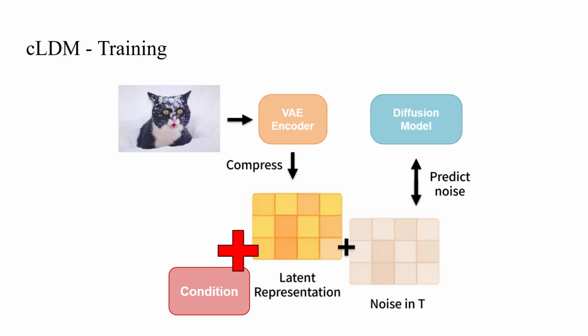At the same time, we provide a condition to the diffusion model. The diffusion model receives three pieces of information: the noisy latent, the time step, and the condition. Its job is to predict the noise that was added. So the condition helps the model learn the relationship between the label or attribute and the generated image.